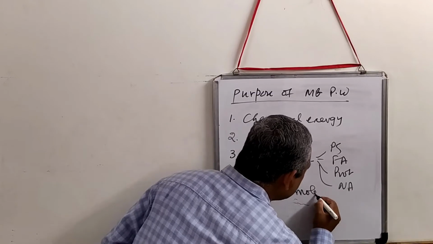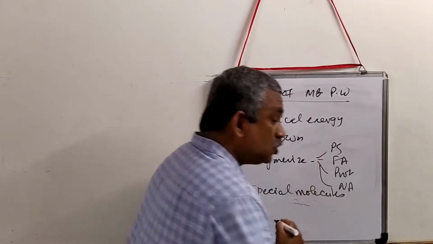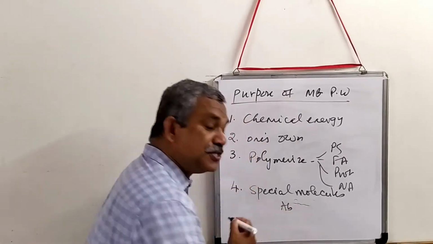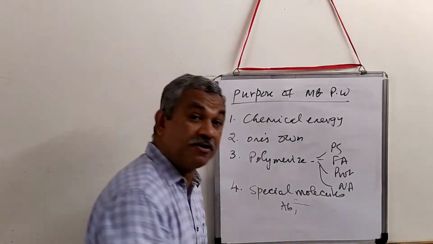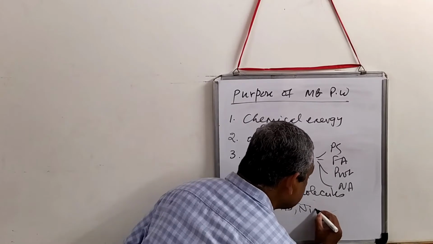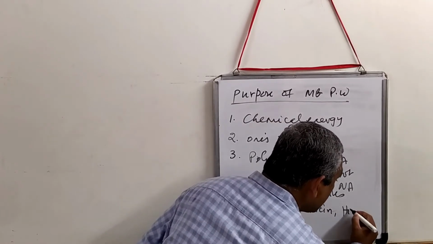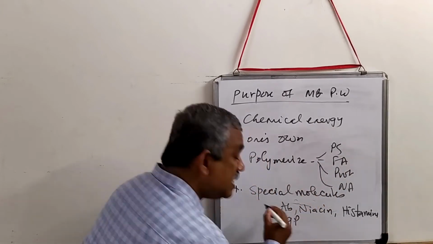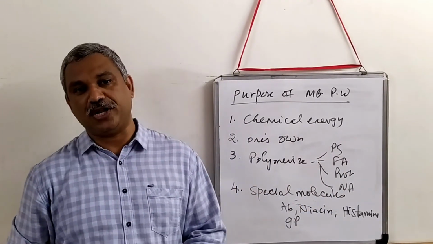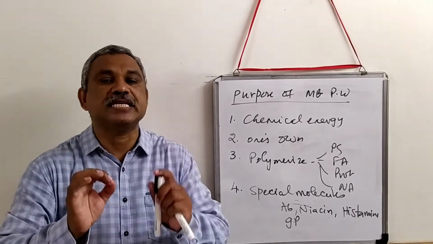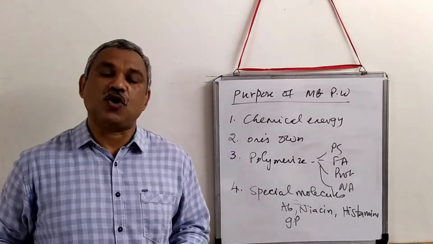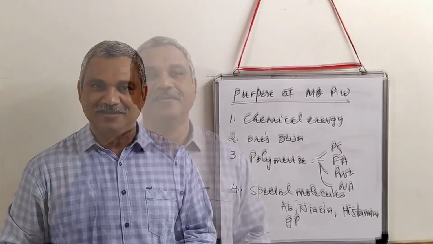Depending on the situation, we might require an antibody as a special molecule. We might require certain vitamins like niacin. We might require histamine. We might require many glycoproteins as specialized molecules. So the purpose is to synthesize specialized molecules.